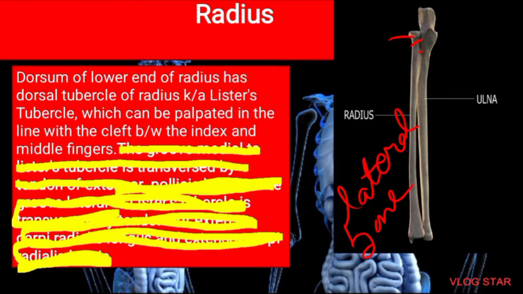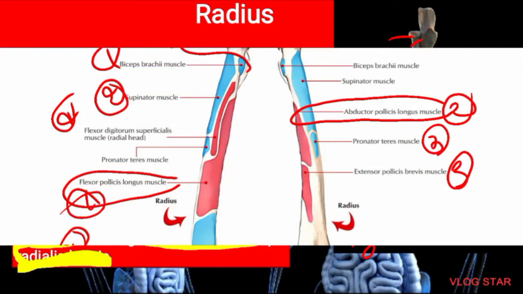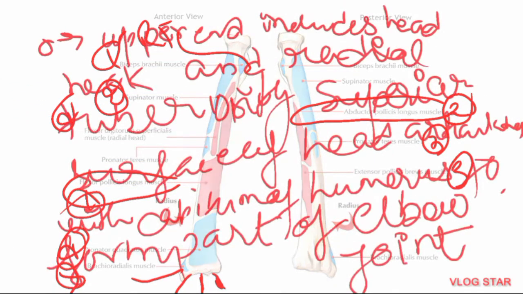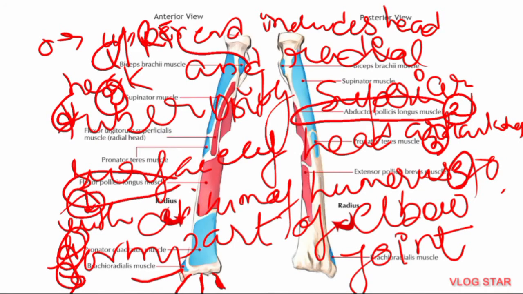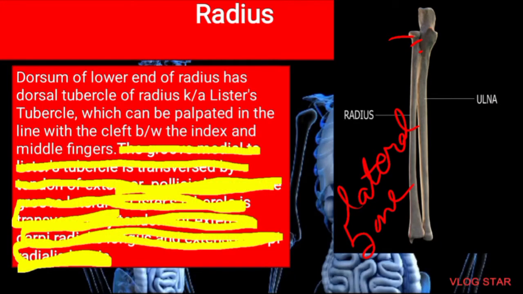Okay, so let's move ahead. Now we will study the ulna. The ulna is a medial bone. This is the medial side.